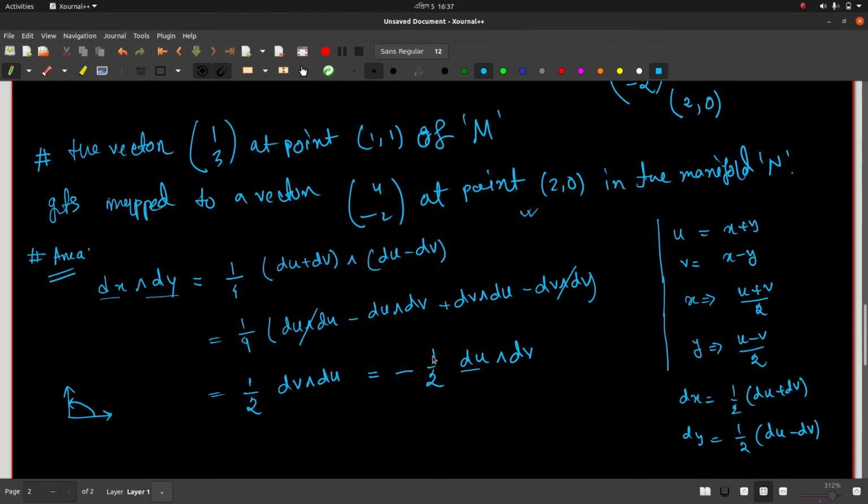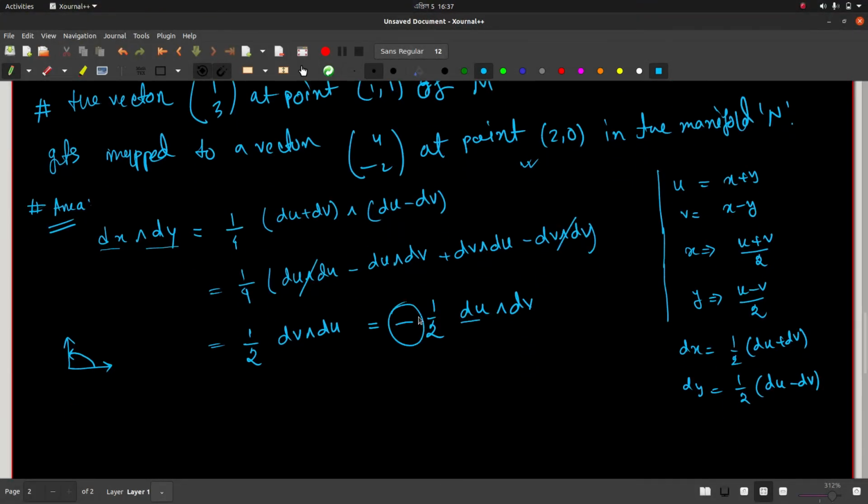So this anti-clockwise rotation on the xy plane can be thought of as a clockwise rotation on the uv plane. Okay, so that's where this minus sign is coming from. It's because of this orientation. So this is an indicator of orientation.